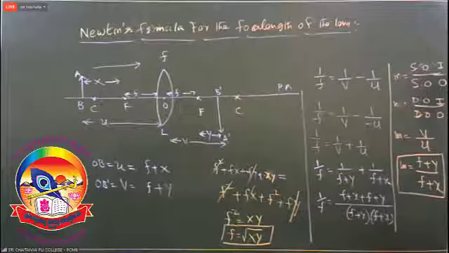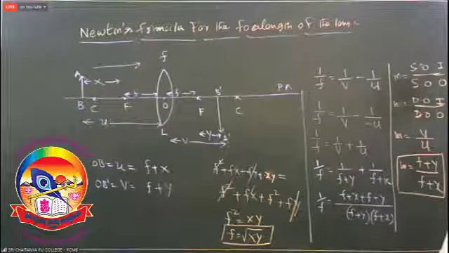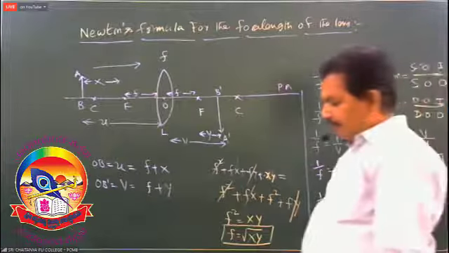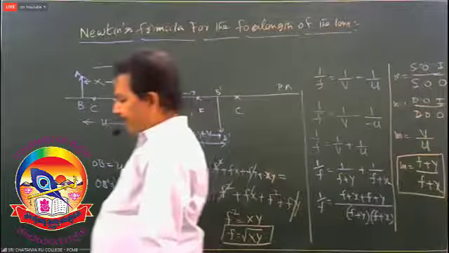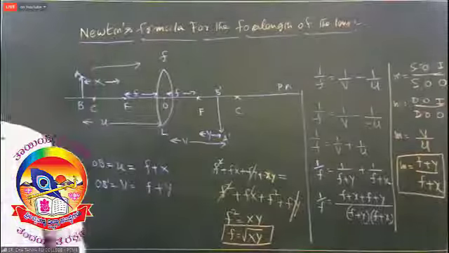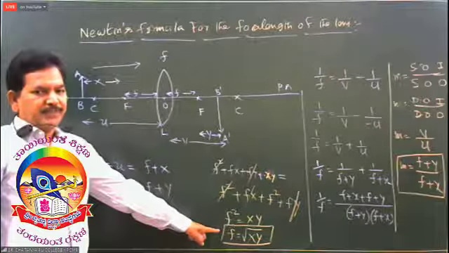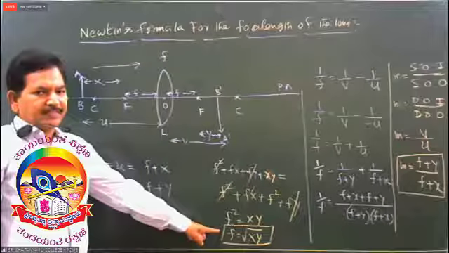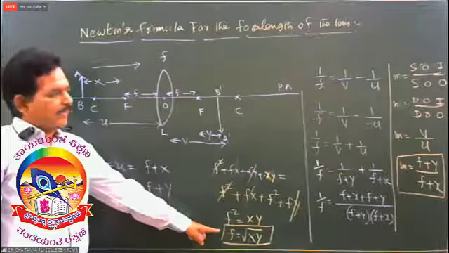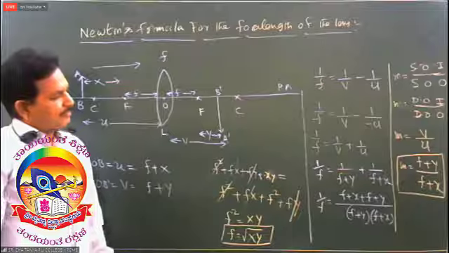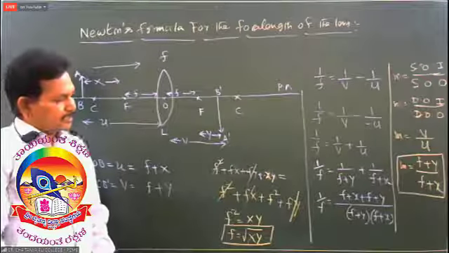So this is about Newton's formula for the focal length of a given lens. The same formula is applicable in the case of mirrors also. f is equal to root xy. Let's leave it here. We'll go to a new concept.